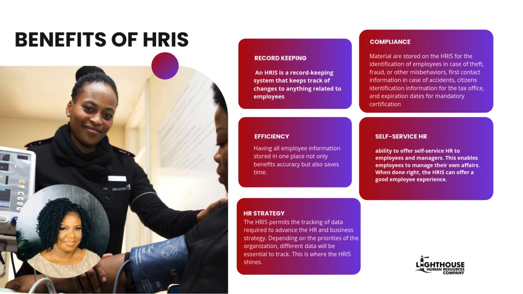So you can set that in your human resource system, and then automatically at the end of each month, the system calculates that for you, and the accountant will be able to have access to it and make the necessary deposits where they are supposed to go. So HRS helps organizations to be compliant with policies.